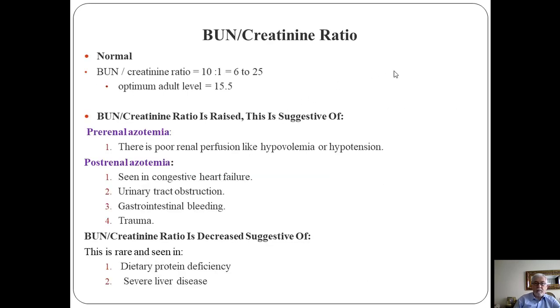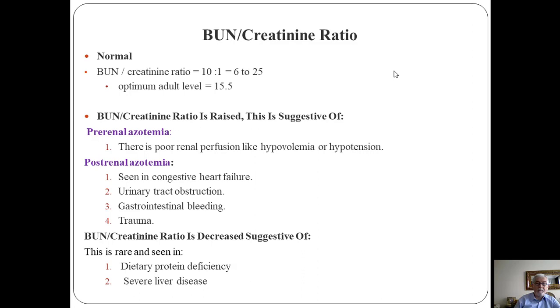When you look at the BUN creatinine ratio, another good tool for understanding kidney problems, we check two molecules together and look at the BUN and creatinine concentration ratio. Normally the BUN creatinine ratio is approximately 10 to 1, but we accept that it is approximately 20.